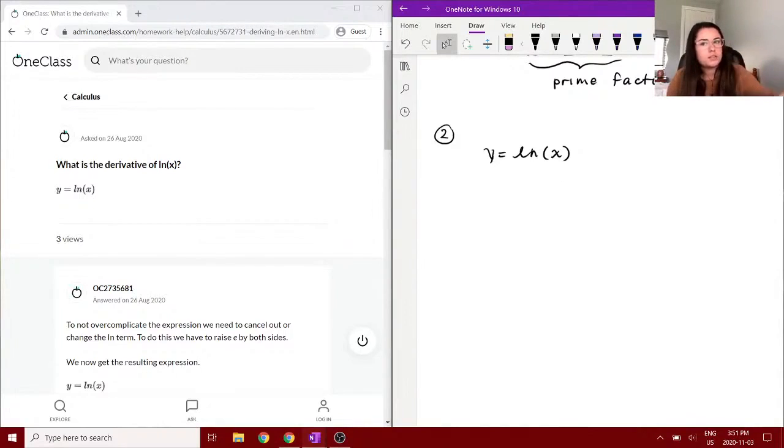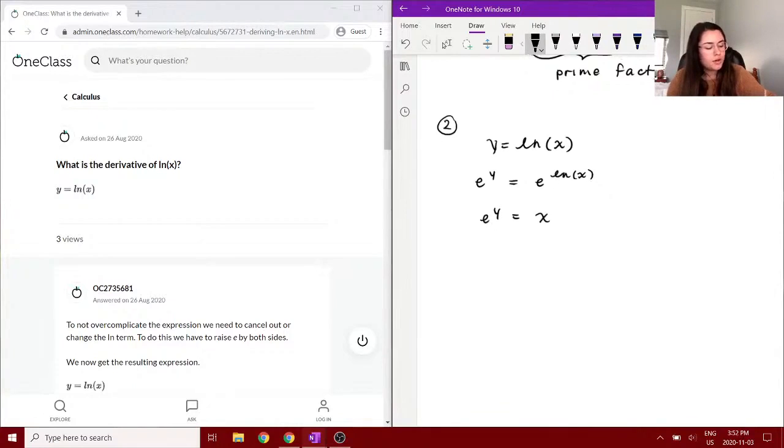Okay, so we know that using our ln rules, if you raise both sides to an exponential, e to the ln x, like this, we know that the e, the exponential, and the ln essentially cancel each other out so that it is equal to x.